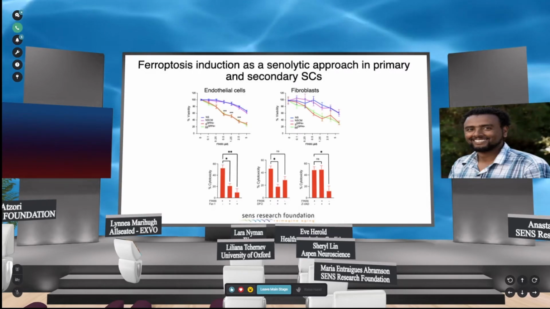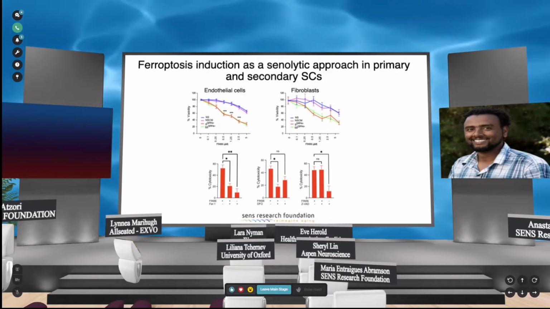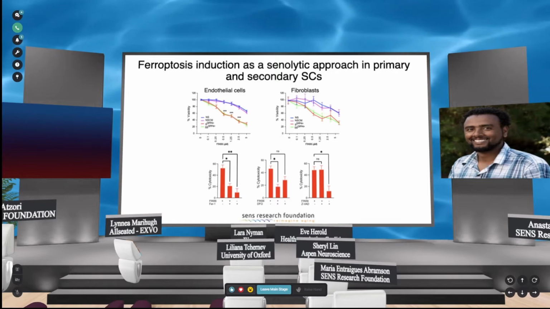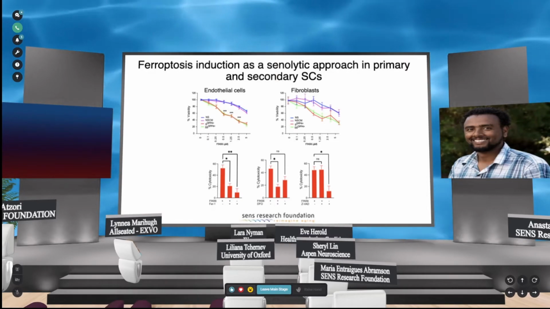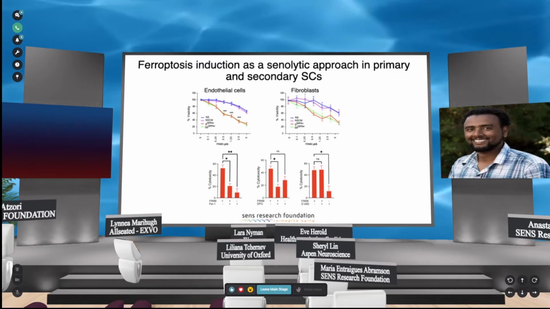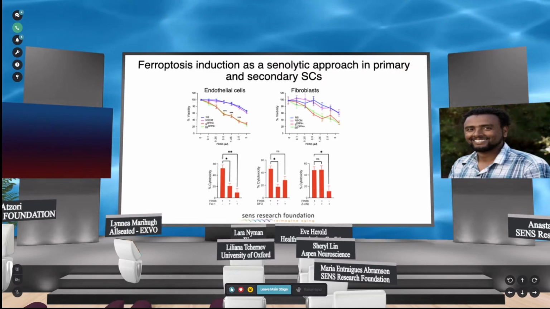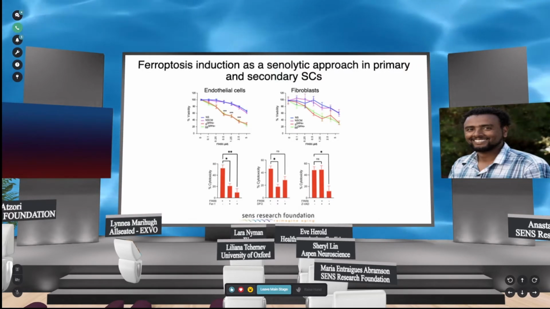We confirmed this observation in other cell types, fibroblasts, and we also showed it in other senescence induction methods like irradiation or etoposide treatment. Across multiple senescence induction methods, it seems that FIN56 specifically induces ferroptosis in senescent cells, both primary and secondary.